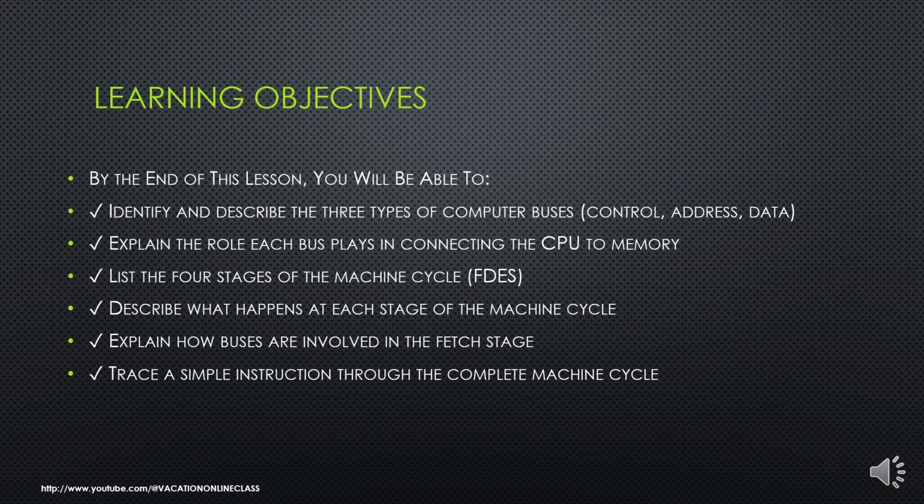List the 4 stages of the machine cycle, FDES. Describe what happens at each stage of the machine cycle. Explain how buses are involved in the fetch stage. Trace a simple instruction through the complete machine cycle.